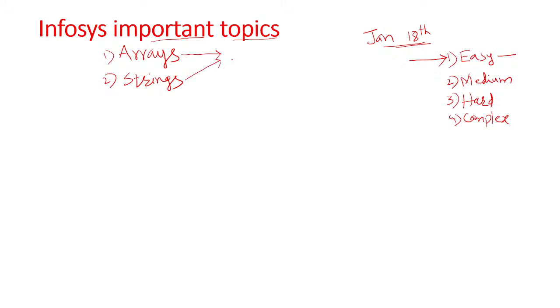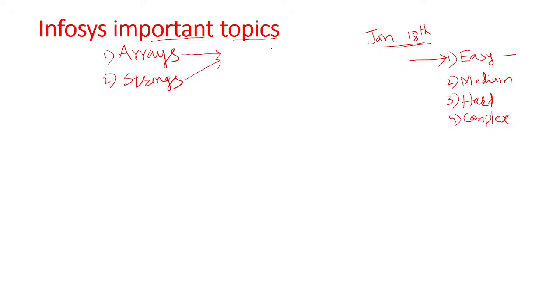If you are familiar with Python, just refresh how arrays and strings are implemented in Python and refresh the problems which you solved. The same goes for Java or C++.